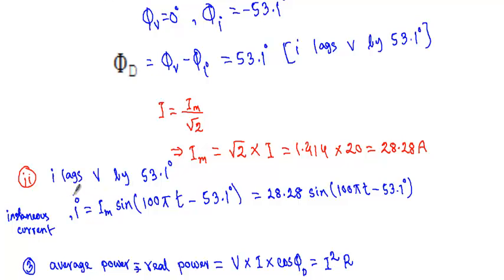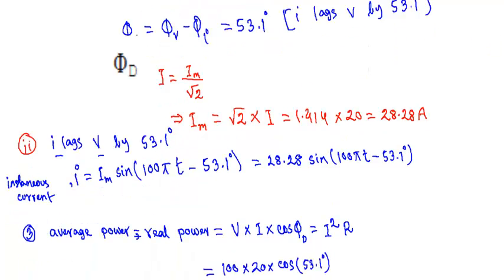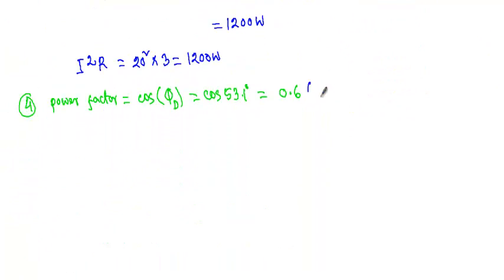As our current I lags V by 53.1 degree, our power factor will also be lagging. We can also calculate the power factor using the formula power factor equal to R by Z. Here R has a value of 3 and Z has a magnitude of 5, which will be equal to 0.6.